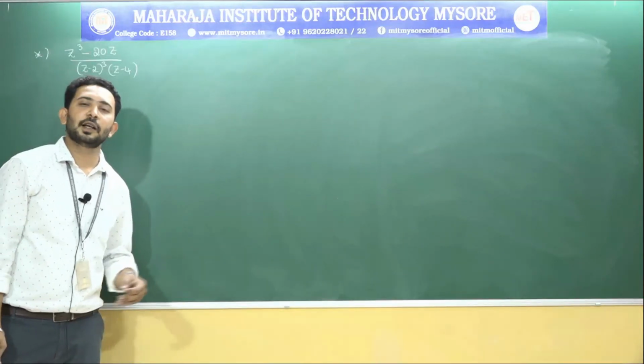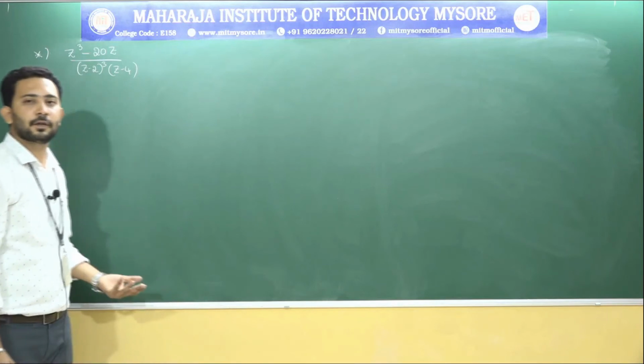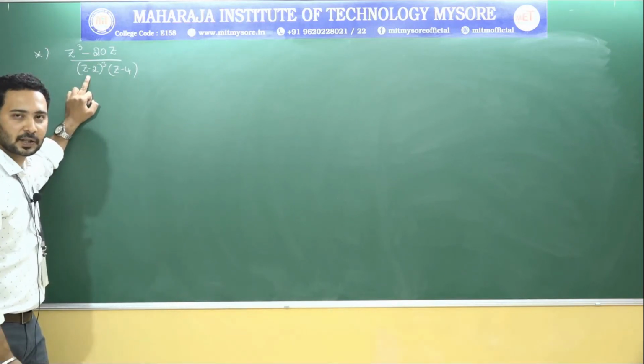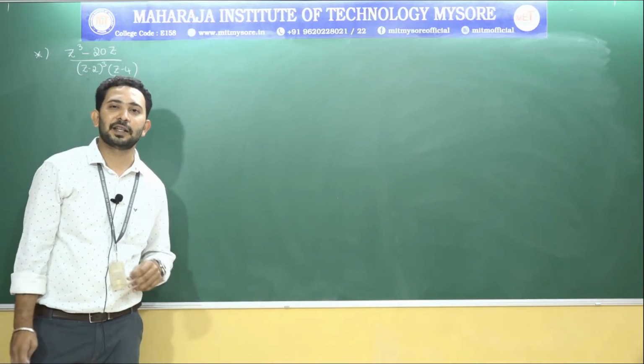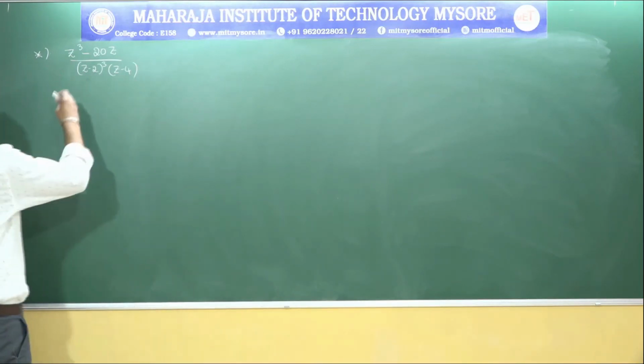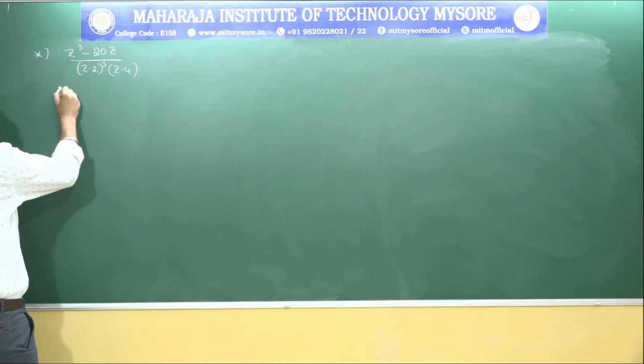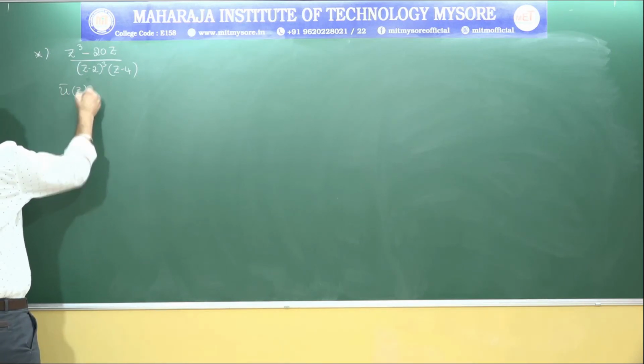So next one, find the z inverse of (z cube minus 20z) divided by (z minus 2) whole cube into (z minus 4). So I will take this as U bar z.